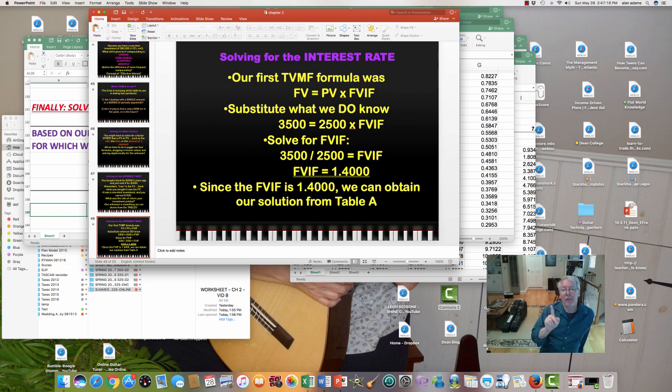Don't use the word present. It was what we started with at the start of the timeline, times the FVIF. We don't know the FVIF. We're about to find it. So by algebra, we divide both sides by $2,500. That means we get FVIF on one side of that equals sign, and that means solving for it, we get 1.4.